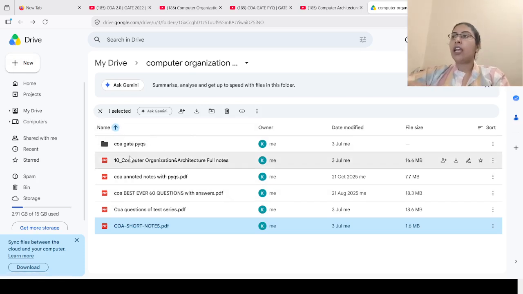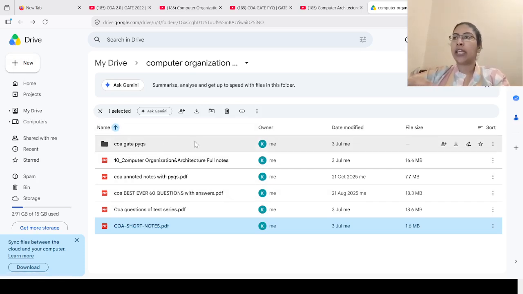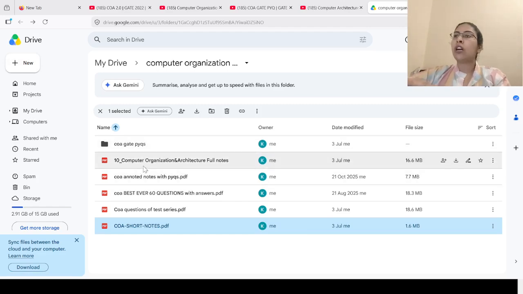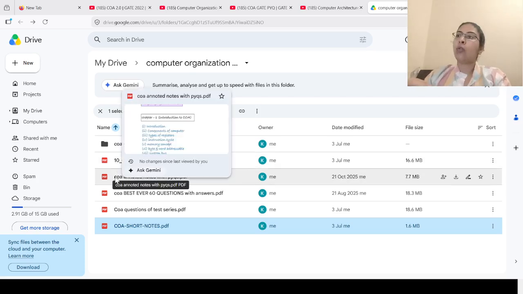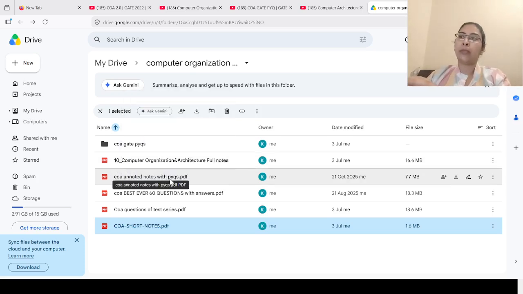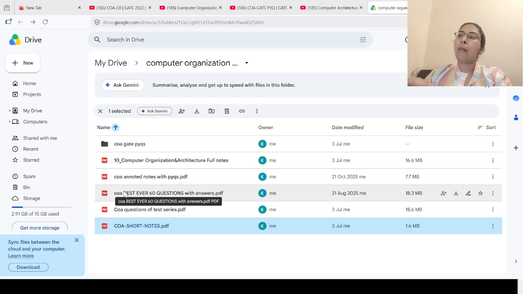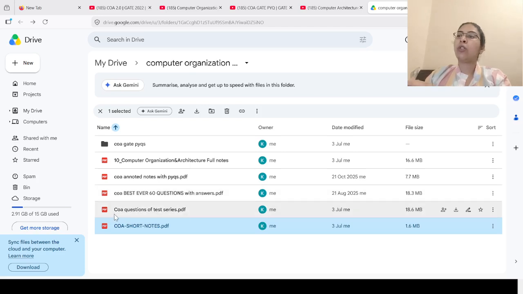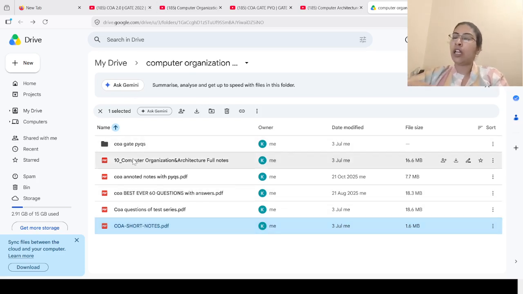So this way I have organized all the Kuva Gate PYQs, all the computer organization and architecture full notes, all the annotated notes with the PYQs, full notes with PYQs, best ever 60 questions, all the Kuva test series questions, all the Kuva short notes in only one folder and provided it here in the resources so that you can practice very easily.